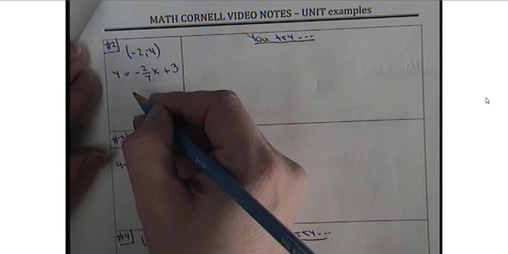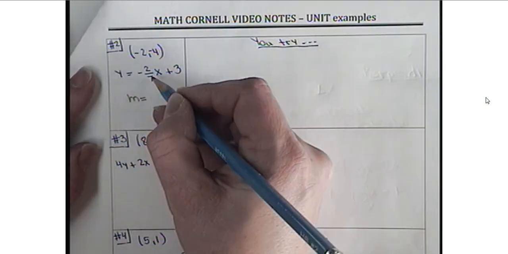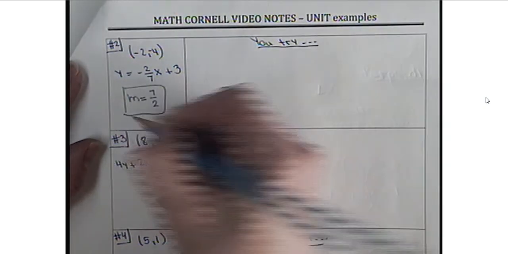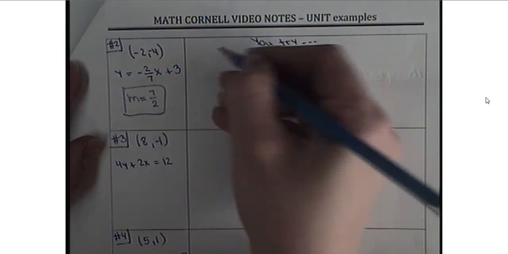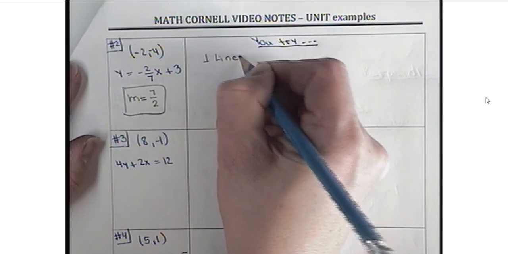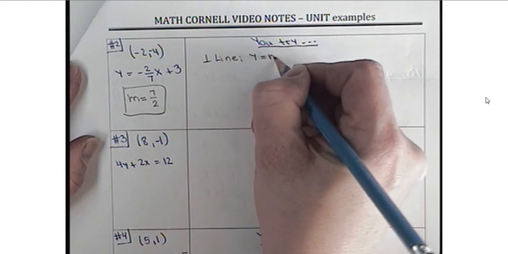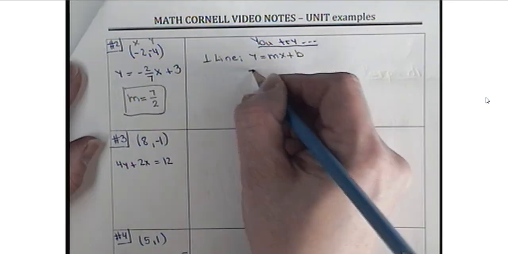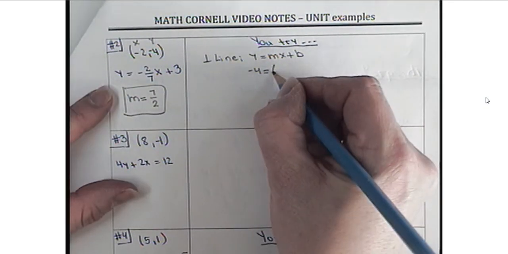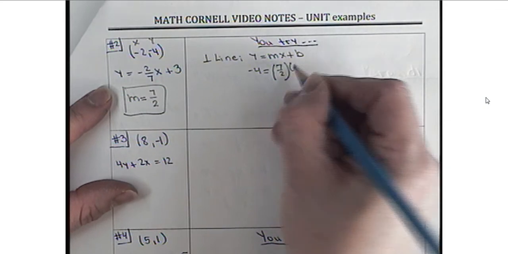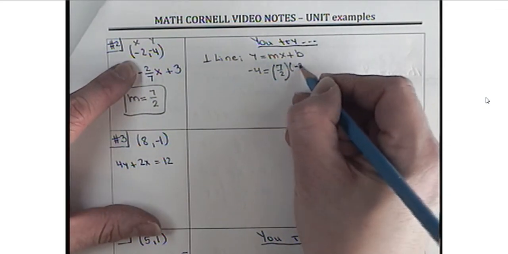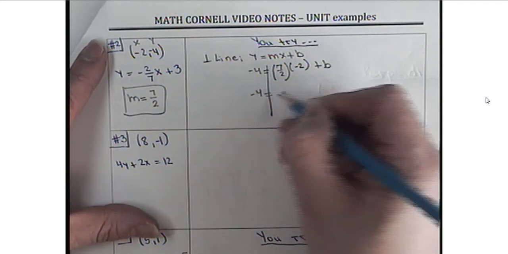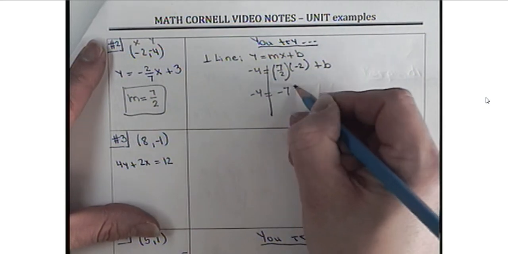So step 1, we write down the slope. The opposite slope will be positive, reciprocal, 7 over 2. That is the slope we're looking for. So for the perpendicular line equation, we're going to start with y equals mx plus b, and this is your x and y. So y is -4 equals the slope, 7 over 2, times x, which is -2, plus b. -4 will be equal to, we multiply those, we get -7 plus b.